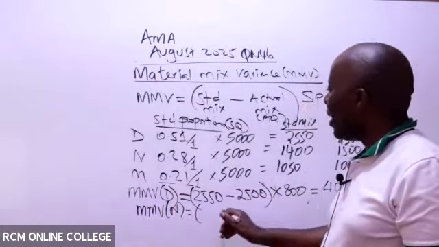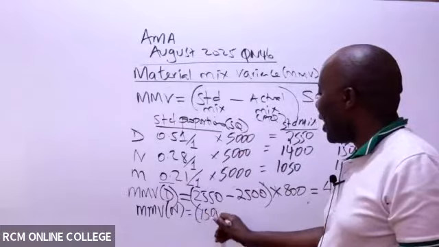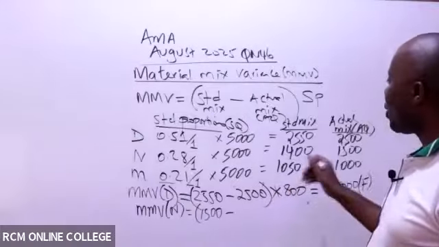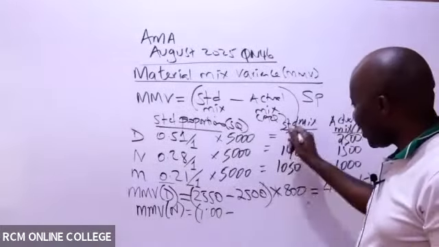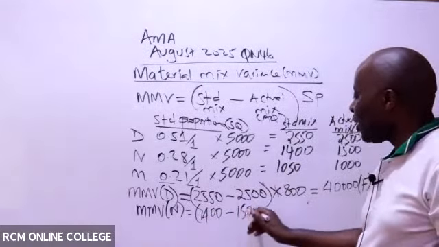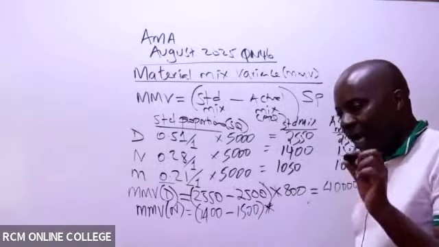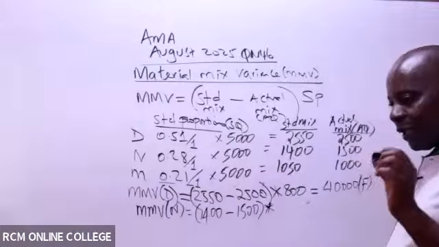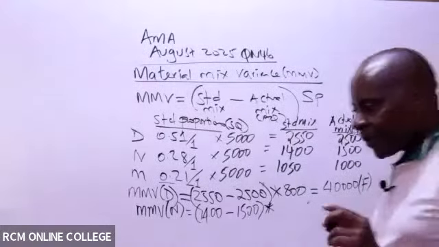So N, am I able to see the standard mix? Oh yes, the standard is 1,400 minus the actual mix of N, 1,500. Is there somebody who is able to see the standard price per kilogram for N? 600.